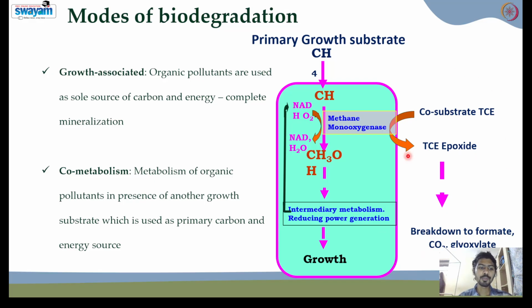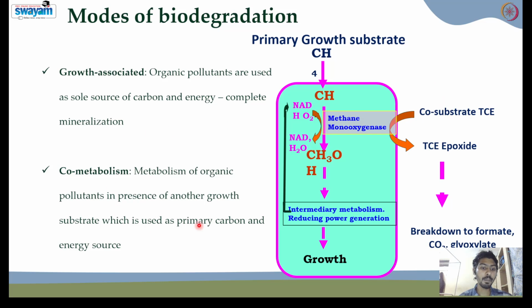So this is the co-metabolism strategy, where the microorganism cannot directly assume the TCE as one of their food sources. In this case, they will always assume the simpler carbon source to assimilate, and they secrete some kind of enzymes or products which help indirectly degrade the pollutant.